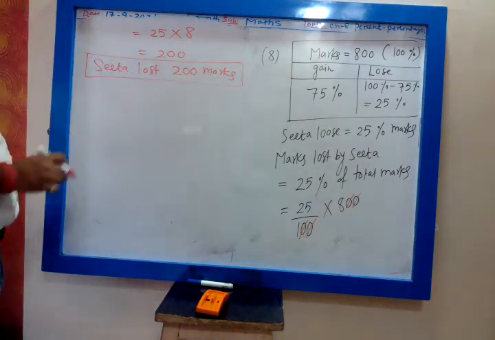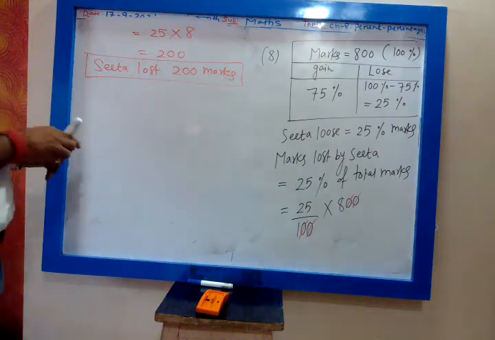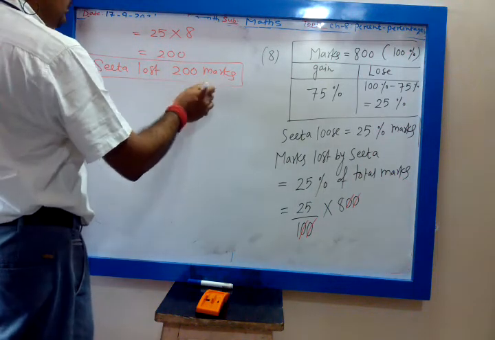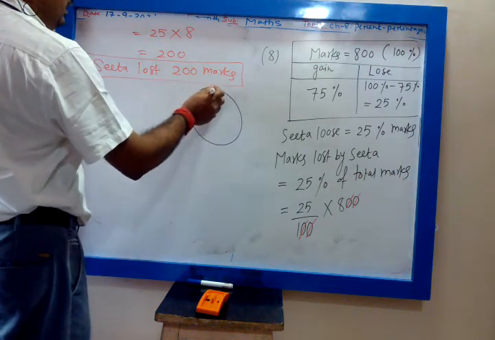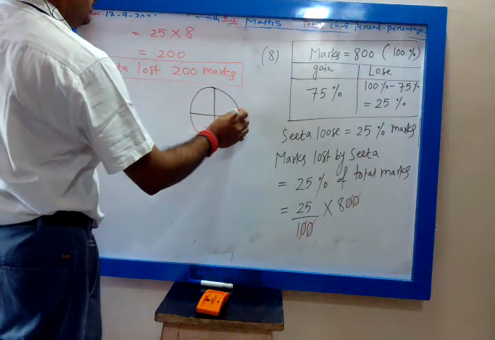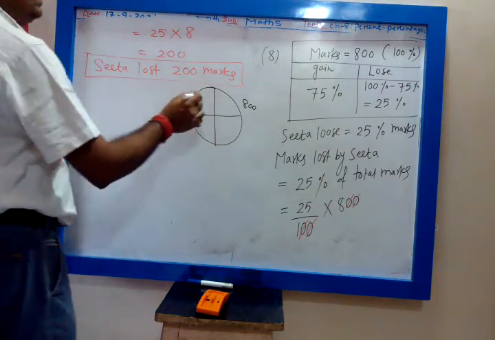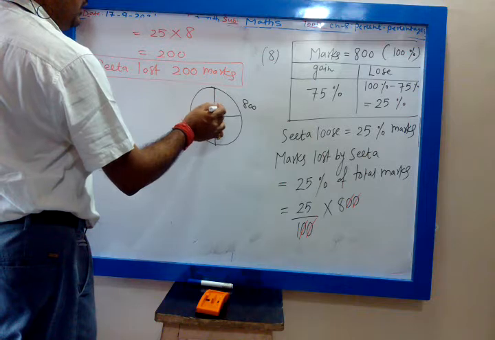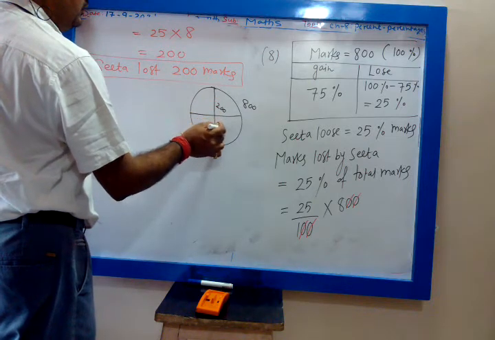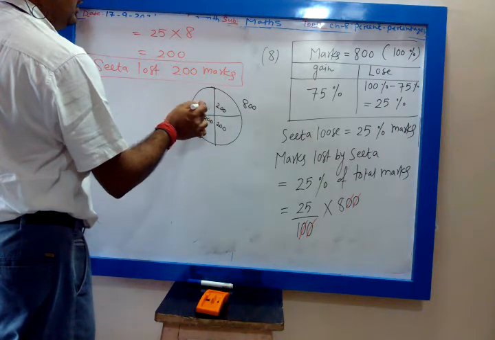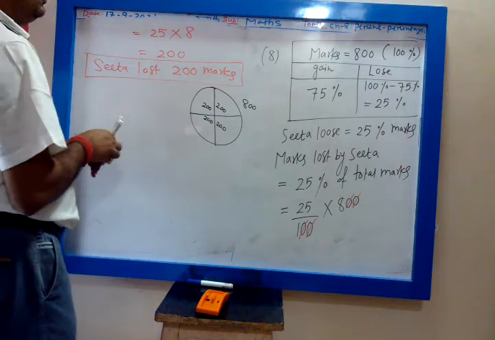See here, one minute. Let me explain the concept using fractions. This is my total. Let me divide this into 4 parts. This is my 800, divided into parts: this is 200, this is 200, this is 200, this is 200. Each one is 25%.